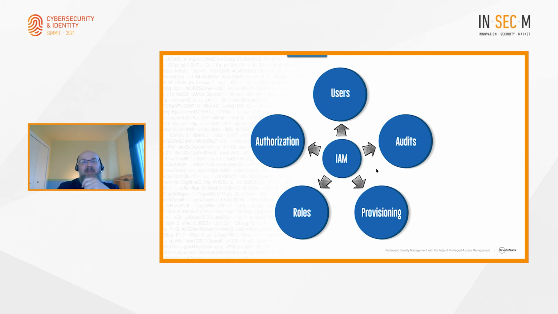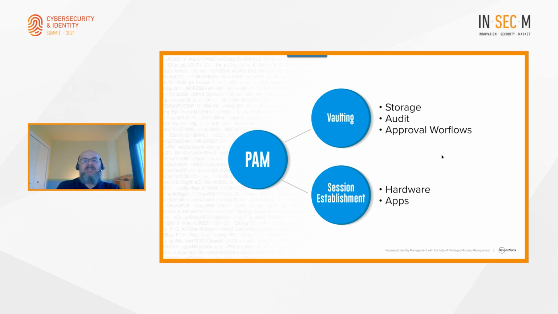This is really a basic diagram of an IAM system. In the PAM, you see again that vaulting with workflows and account brokering and so on, and alerts and audits, with that session establishment for hardware, for apps using maybe shared accounts, maybe a user's privileged account, but ideally with an account that they're not aware of the passwords.